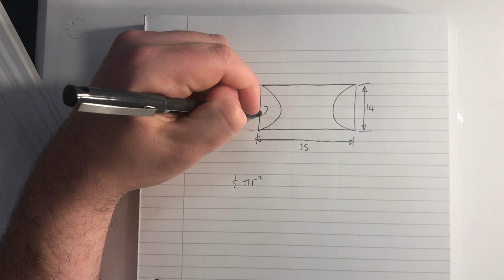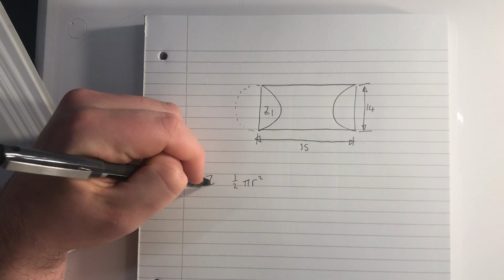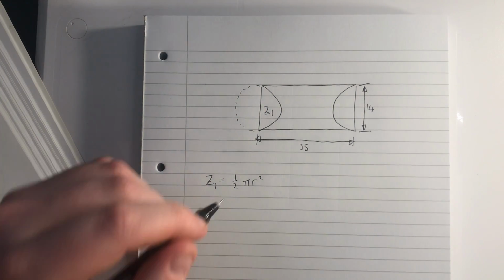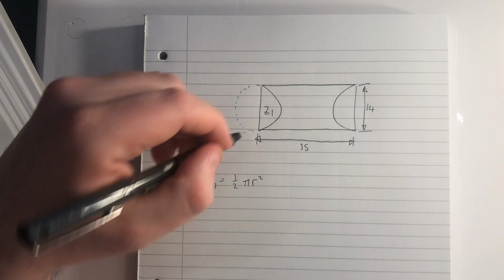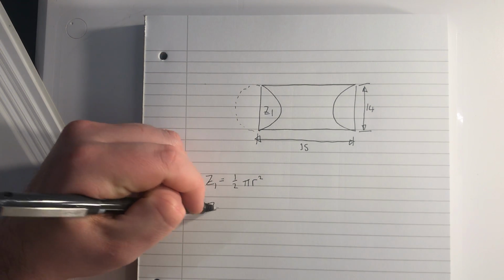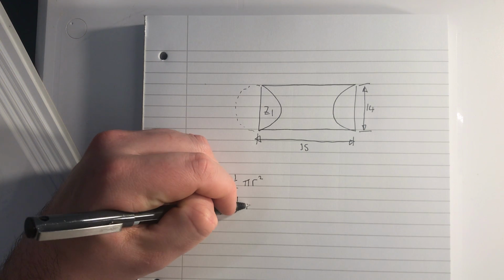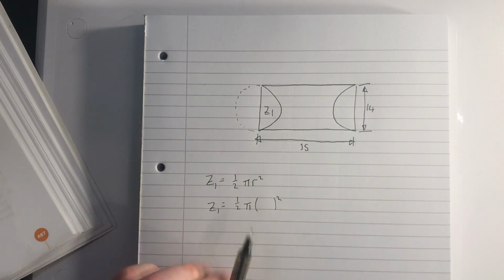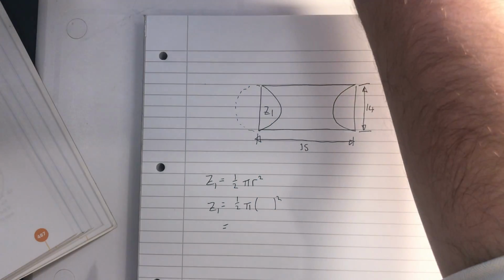So let's call that zone 1. So Z1 equals a half times pi r squared. Once we find the r here, the question kind of falls away. It's just a calculator job after that.